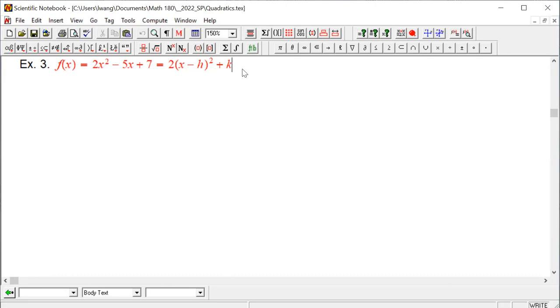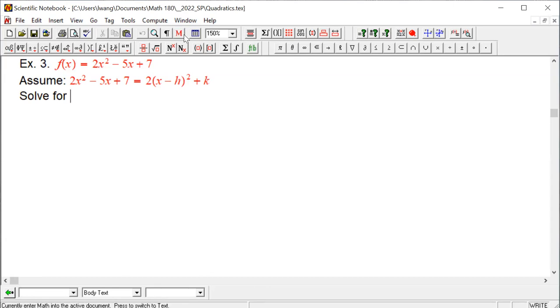If this is the same, right? We basically assume they are the same. Okay, so I'm going to remove this. Just assume this, and we're going to solve for h and k.